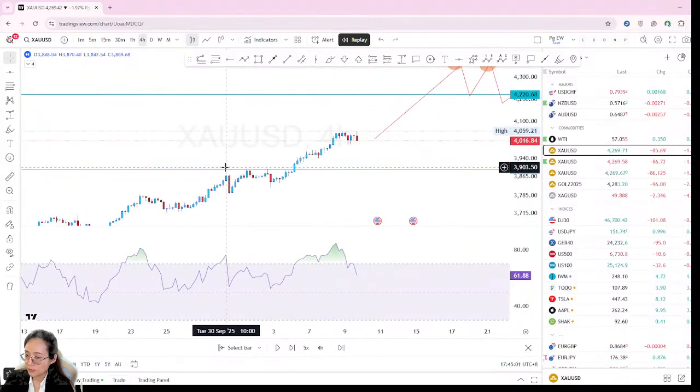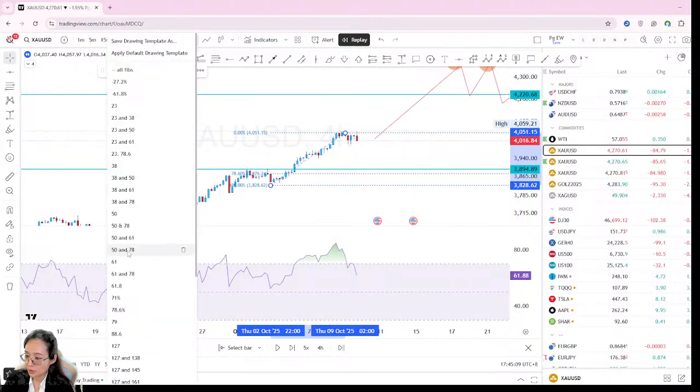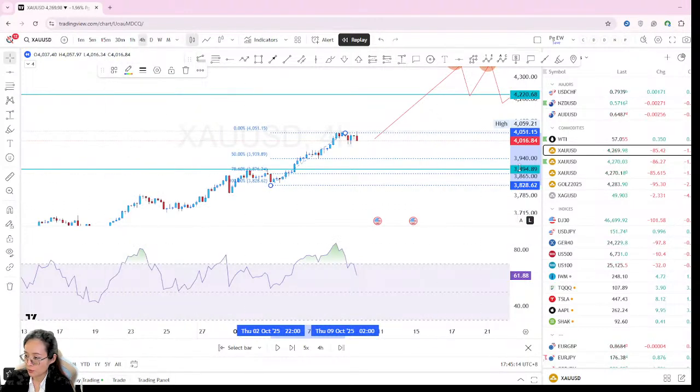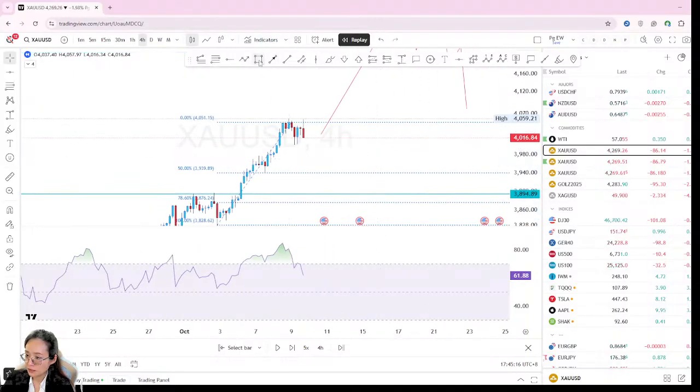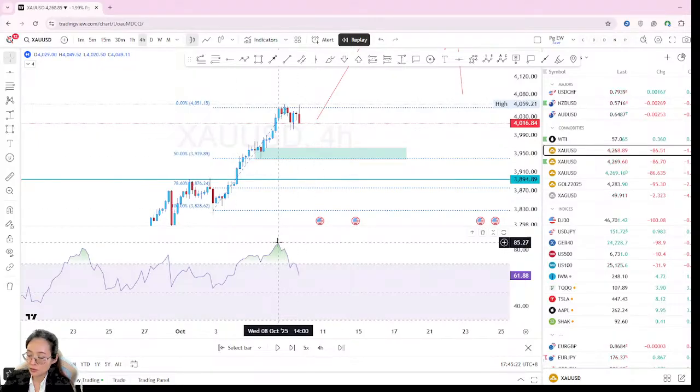And we see that price has broken up structure here, and we're going to see the pullback around this level. Somehow we're going to put 50 to 78.6, and 50% here we have another zone for the OB, right? And then you see that this is already overbought. Okay, that's how you can see the pullback.